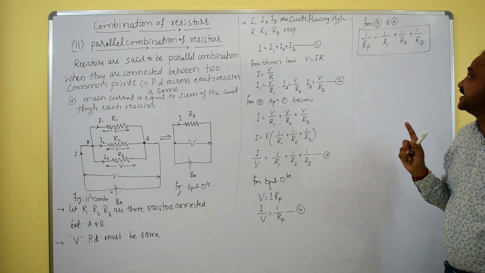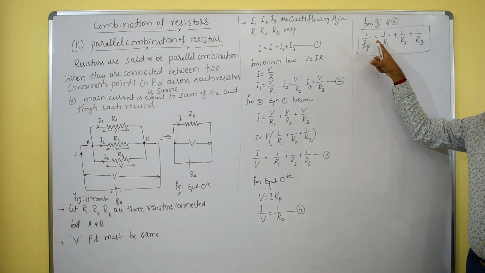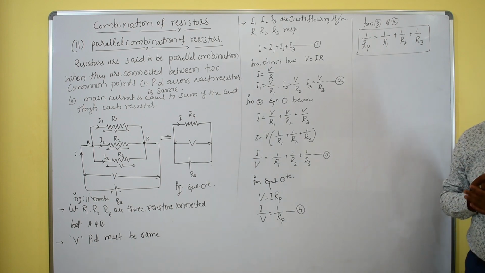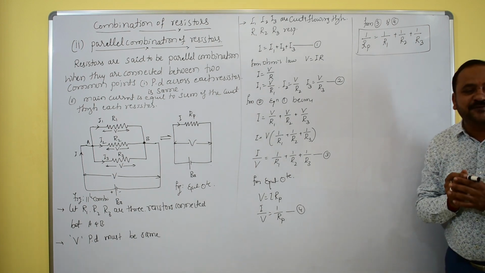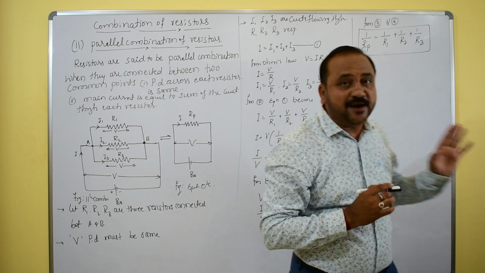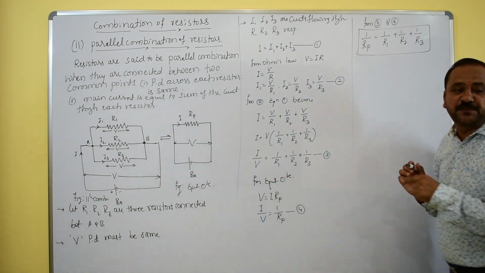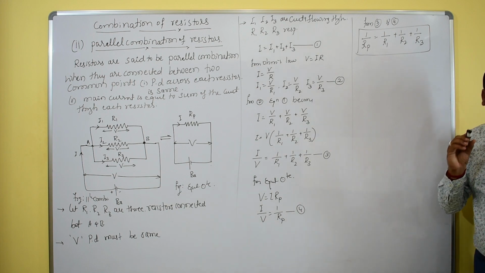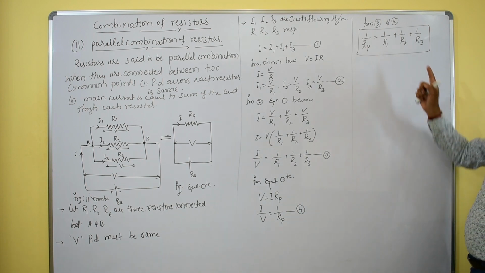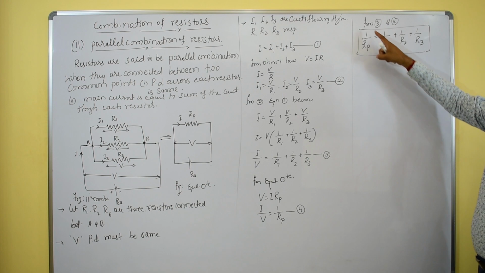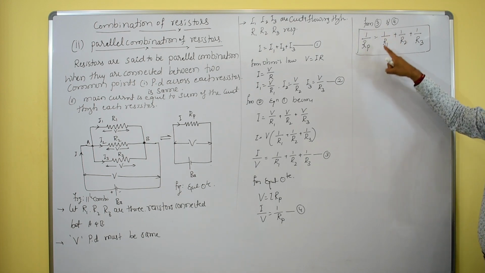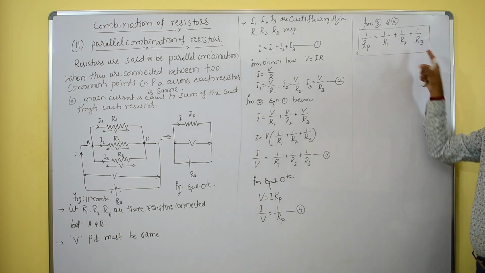It is the effective resistance in parallel combination. The reciprocal of the effective resistance is equal to the sum of the reciprocals of the individual resistances.